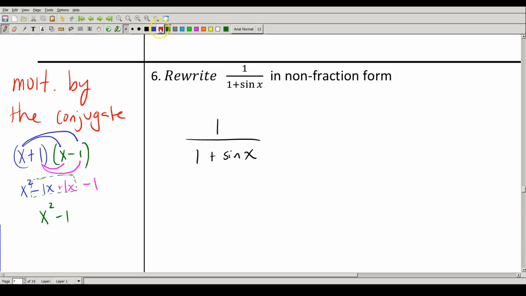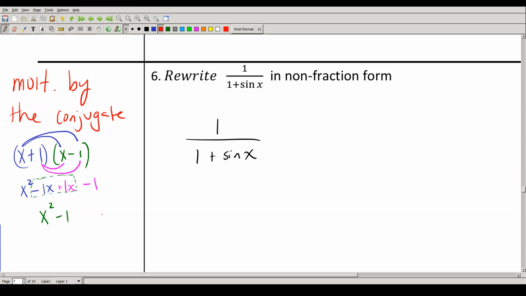This should look familiar because if I wanted to factor this, which is the difference of two squares, it always factors to this. But if you go the other way and you multiply by two conjugates, kind of the result of factoring a difference of two squares, you would always go back to something like this.